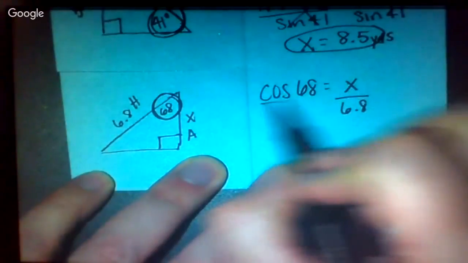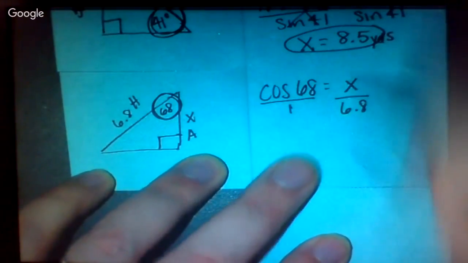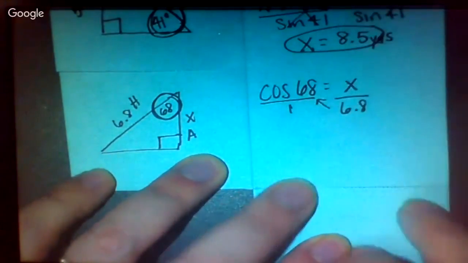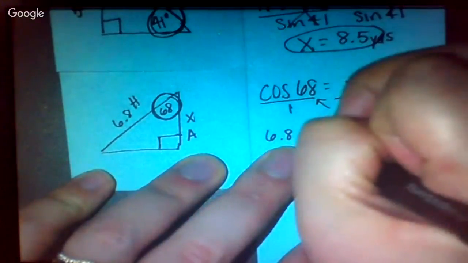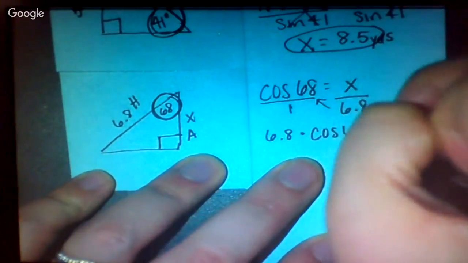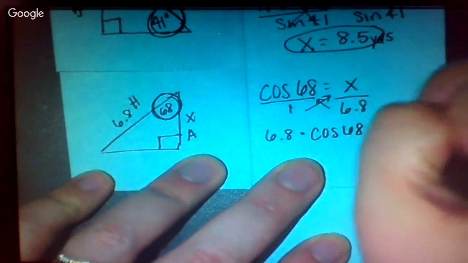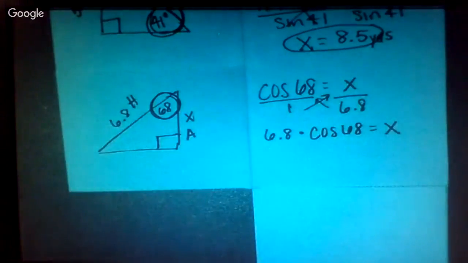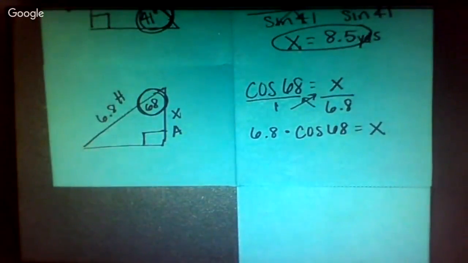Again, put this over 1 and cross multiply. So when I cross multiply this time, I get 6.8 times the cosine of 68 equals, when I cross multiply the other way, I get X. So this time the X is already by itself.